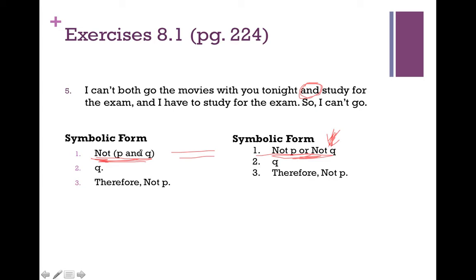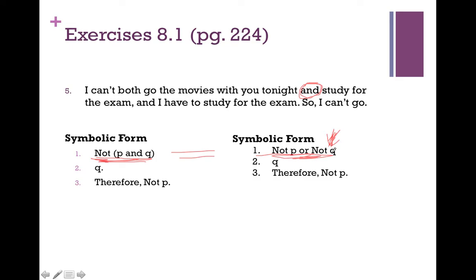It's denying the truth of P and Q, saying P and Q is false. Whereas on the right-hand side, this is saying P is false or Q is false. It's different from saying that whole statement is false, versus saying this disjunct is false, P is false, or Q is false.